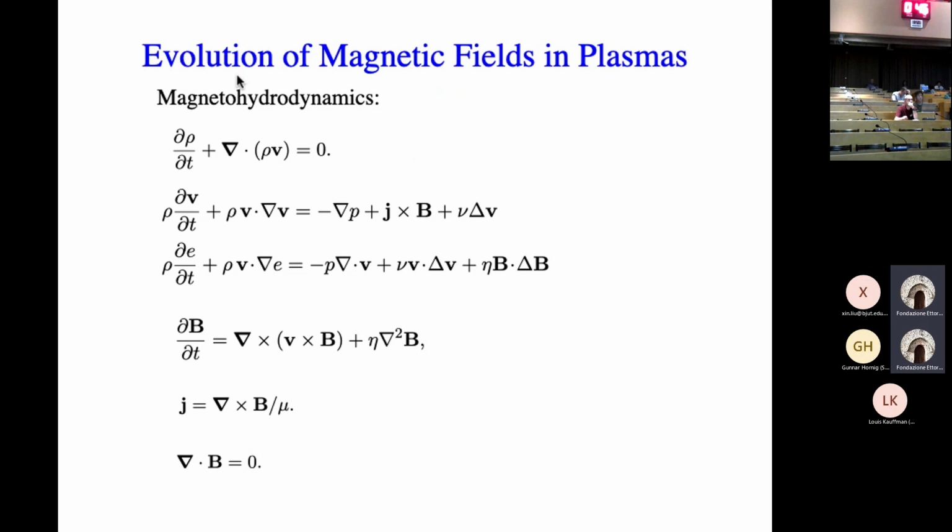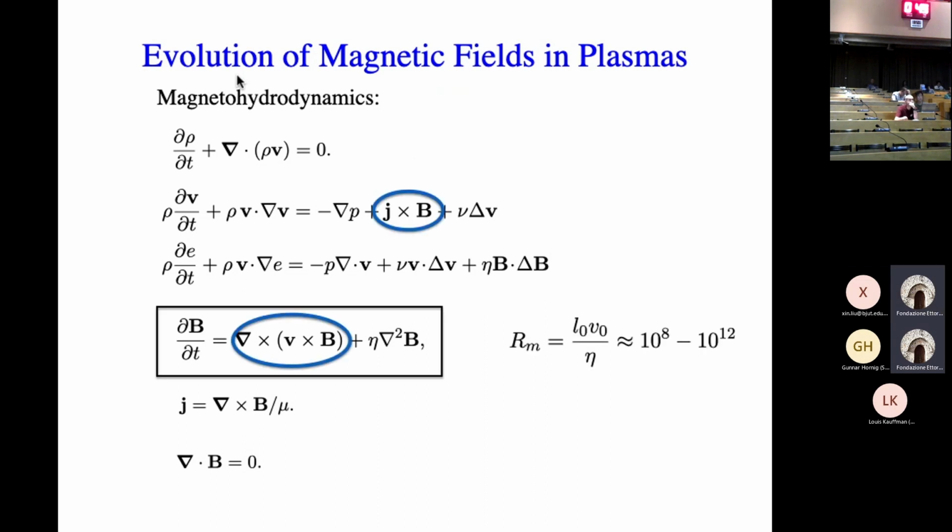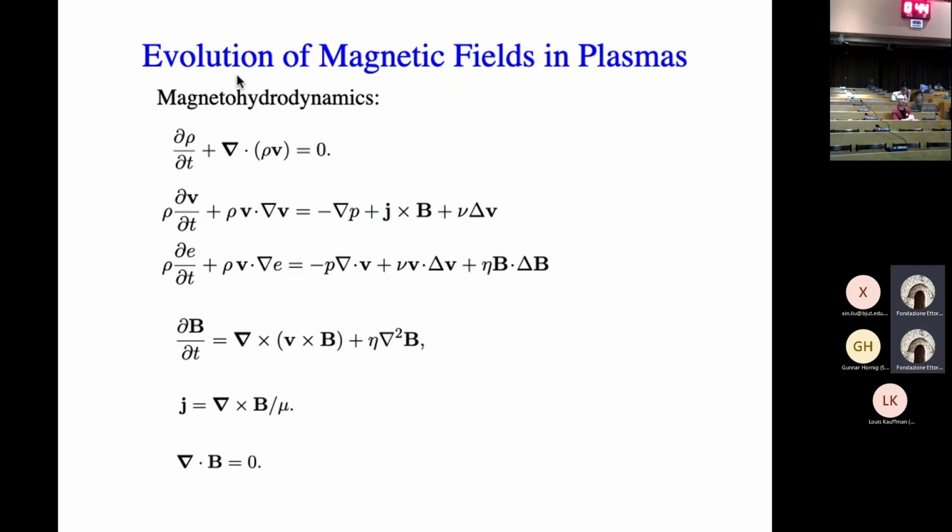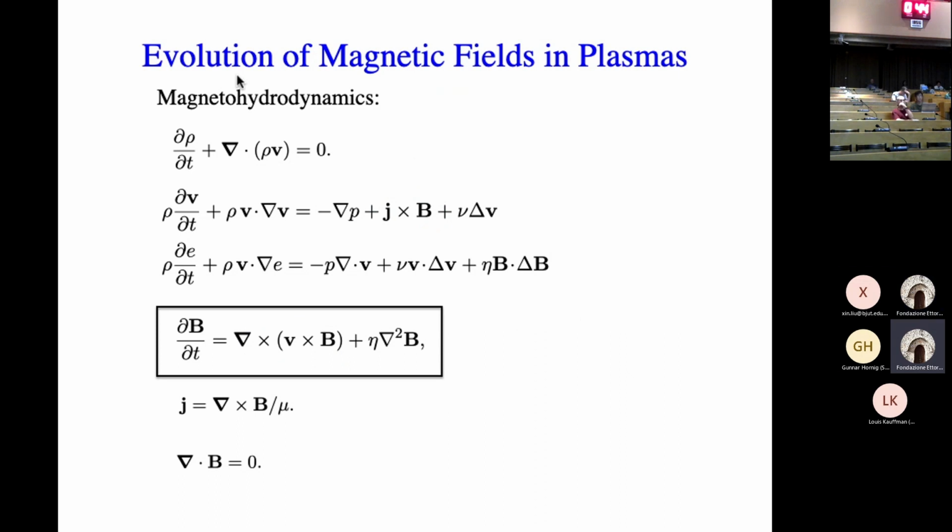And correspondingly, we have an equation for the evolution of the magnetic field. This is the so-called induction equation, which has two terms on the right-hand side. One shows you the interaction with the flow of the plasma, and a second one is a dissipative term. This is the resistive or ohmic heating.